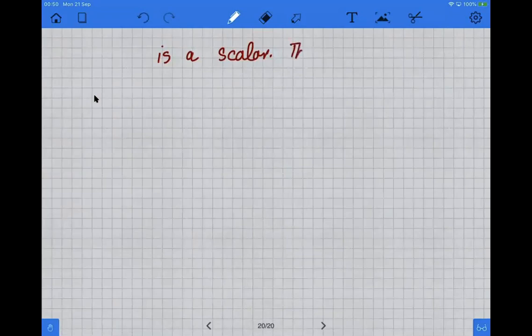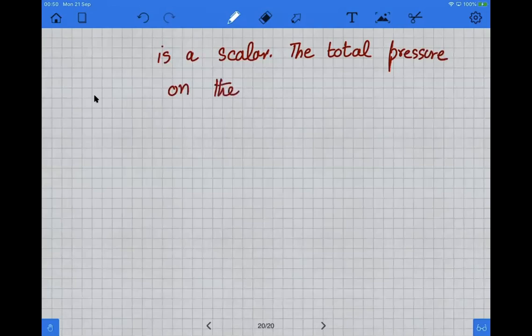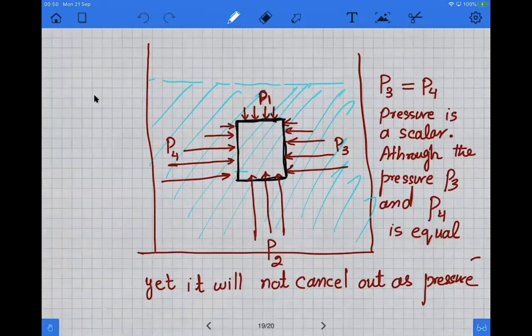The total pressure on the vertical sides. What are the vertical sides? This AB and this CD are the vertical sides.